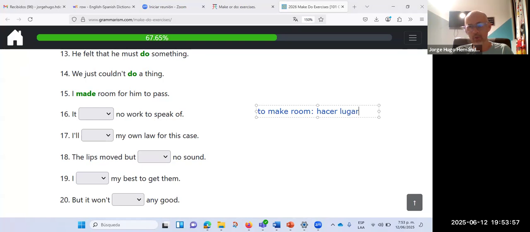Hacer espacio, hacer lugar a algo o a alguien. Hacerle espacio, hacerle lugar o darle espacio a algo o a alguien, ¿no? In this case, I made room for him, for a man, okay, to pass. I made room for him to pass.